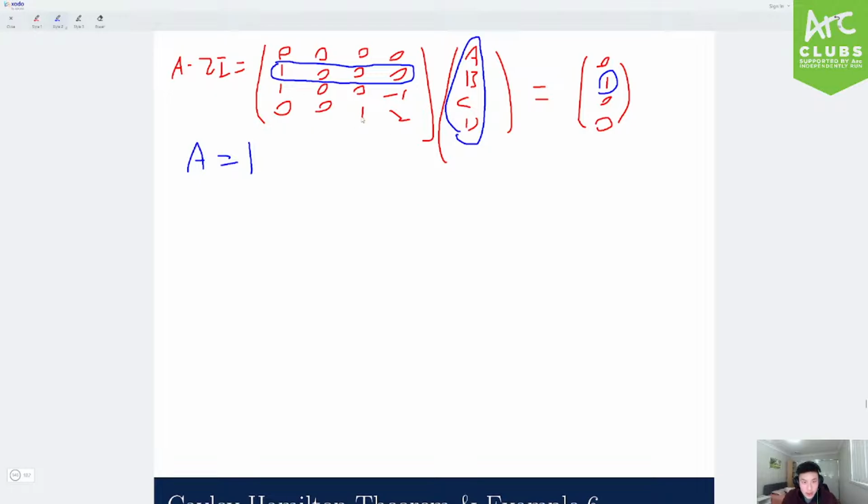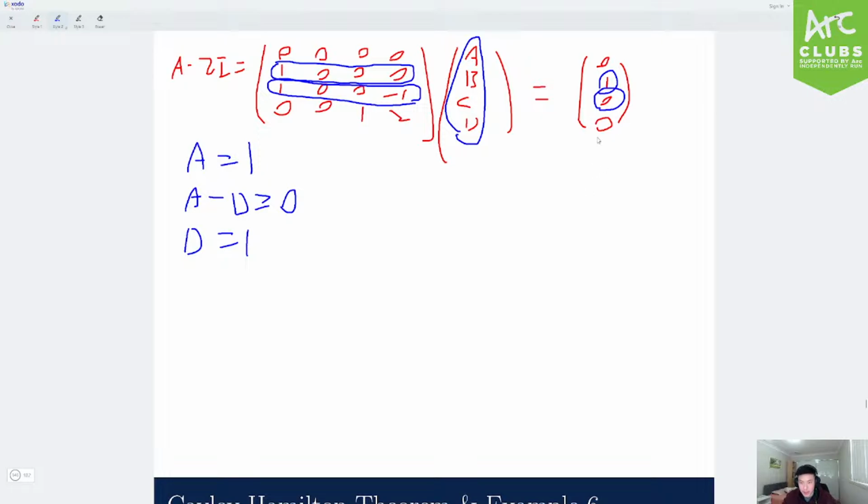We do the same thing for the third row, where we have a 0. We multiply the third row of the matrix with this vector: 1 times a plus 0 times b plus 0 times c minus 1 times d, which gets us a minus d is equal to 0. We know that a is 1, meaning that d must also equal 1.